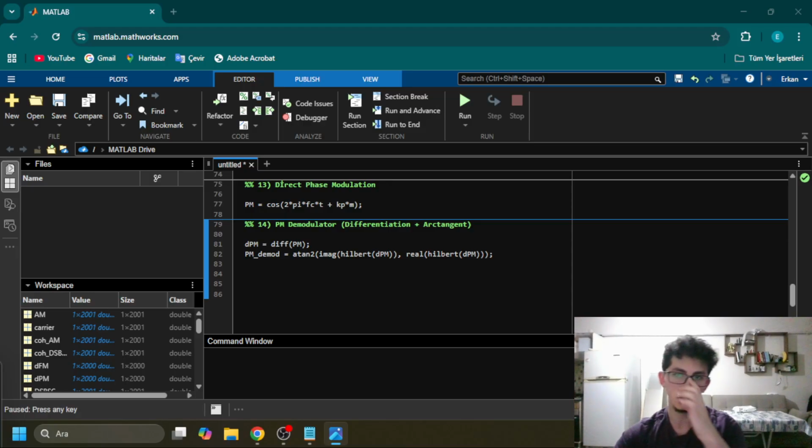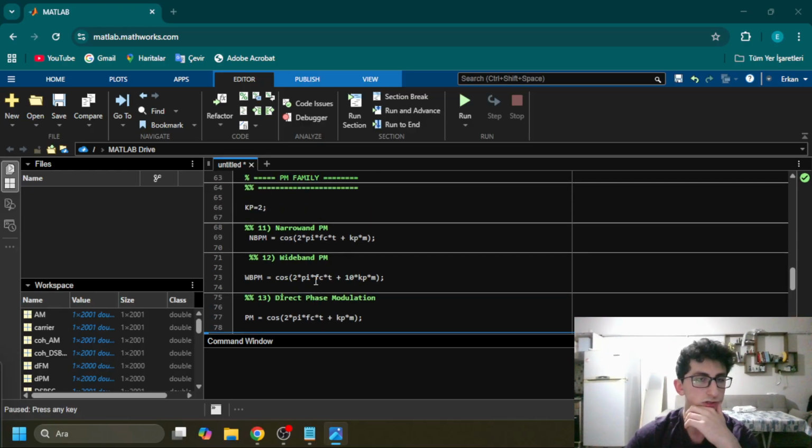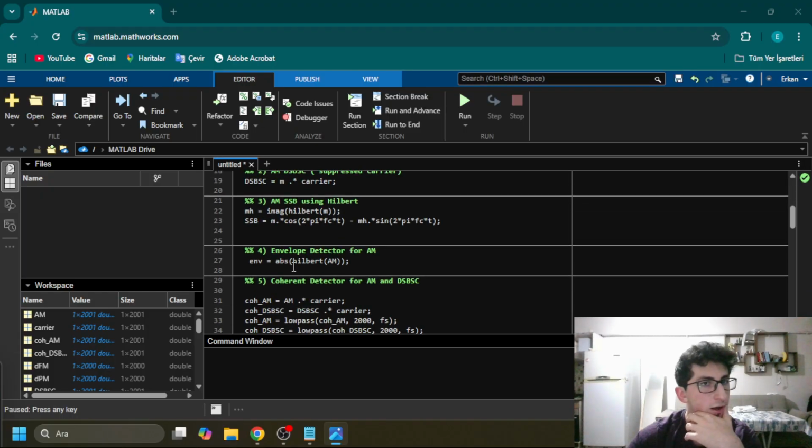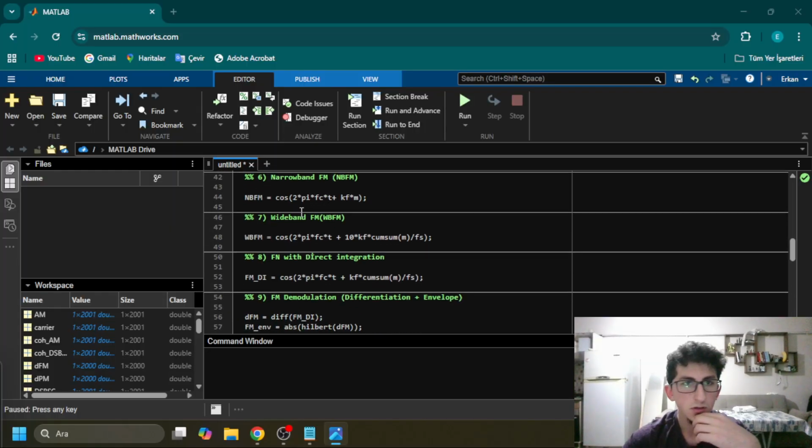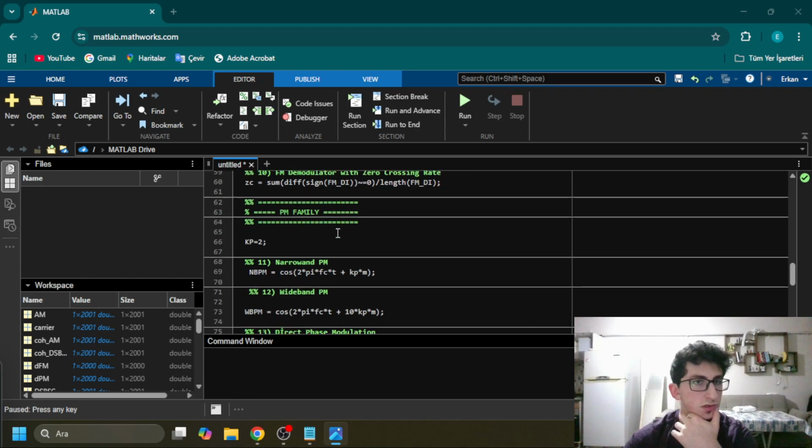In this part, before the final conclusion, 4 separate figures are generated: first message signal, AM signal, and AM demodulated signal, and the second one DSB-SC signal, correlated demodulation and SSB signal. Third one is, what was it, AM, FM, and also the last one is PM.